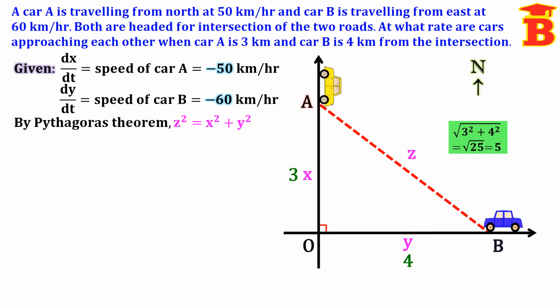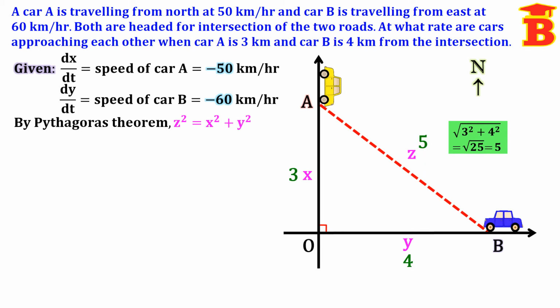And root 25 is 5. Therefore, the hypotenuse side is 5. And note that in a right angle triangle always the numbers are triplets. That means if you know two numbers, we can write the third number easily. So the two numbers are 3, 4, so definitely the third number should be 5.